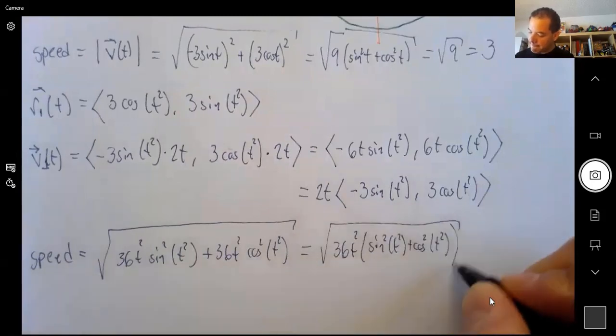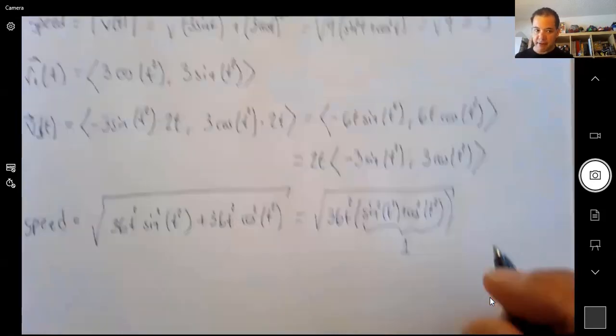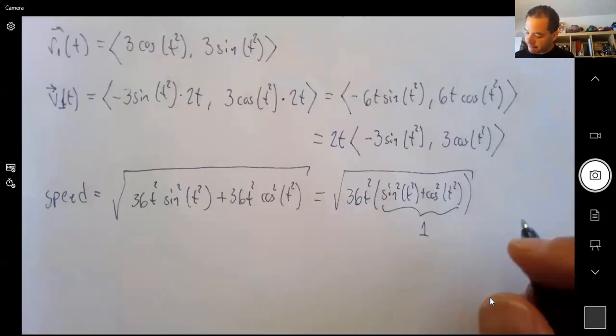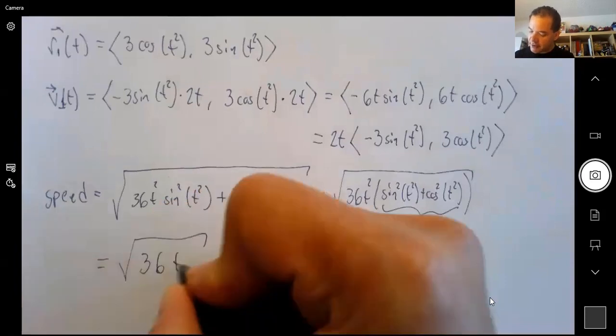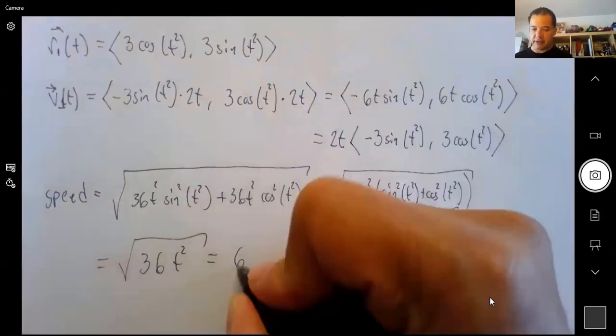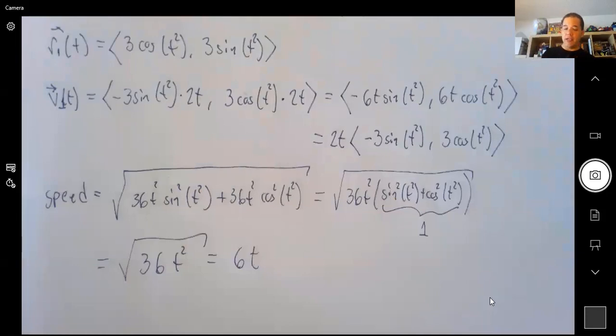That's 1. So this becomes the square root of 36t², which is 6t. So in the second one we showed, the speed increases all the time, right? The speed is becoming more and more and more. And that's why we go over the circle faster and faster.